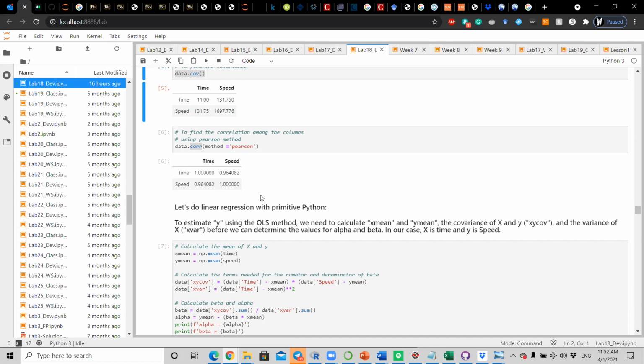Now, let us go on and do linear regression with primitive Python. To estimate y using the OLS method, we need to calculate x mean, y mean, the covariance of x and y and the variance of x before we can determine the value for alpha and beta. In our case, x is time and y is speed.